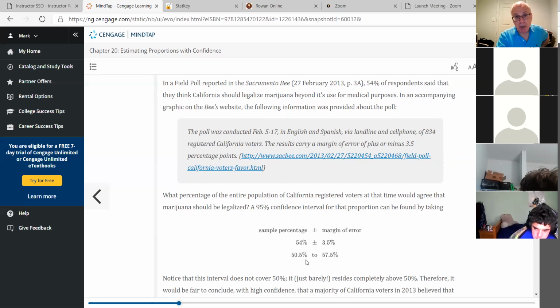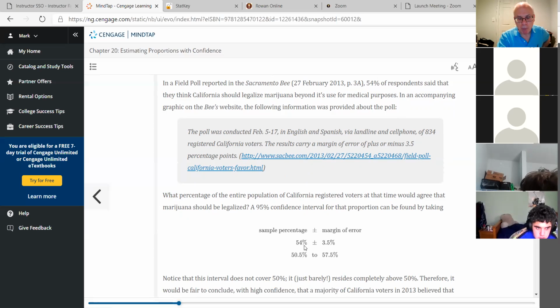Now, if another newspaper, let's say the Philadelphia Inquirer, did a poll about California for some reason, I don't know, and they came up with 52% of respondents, and they said the margin of error was 3%. You would come up with a different confidence interval, right?